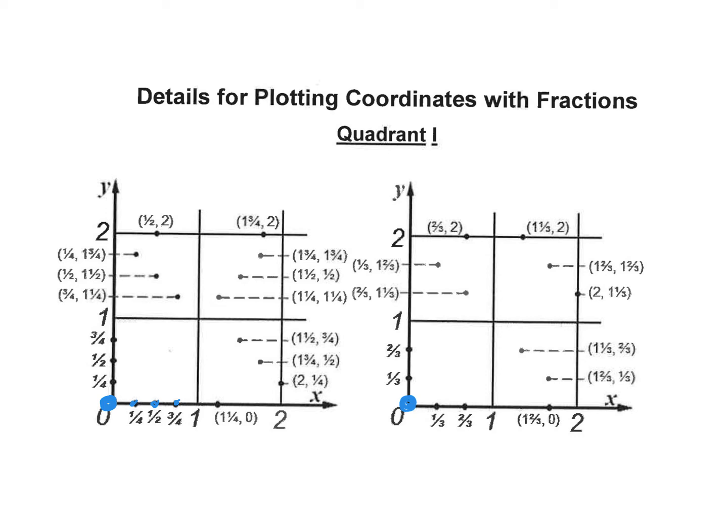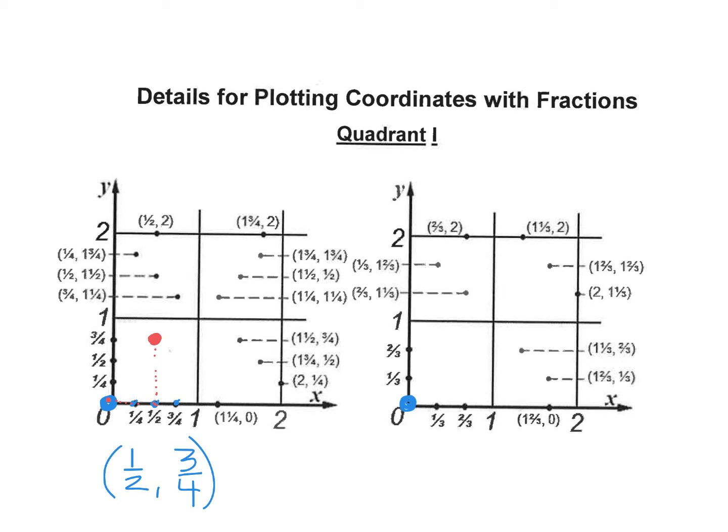So if we're talking about plotting the point 1/2, 3/4, I would start at 0, 0. I would go to 1/2, which is about in the middle here, and then I would go up to about 3/4 here, and my dot would be there. So notice it's not directly on a line or in the corner.